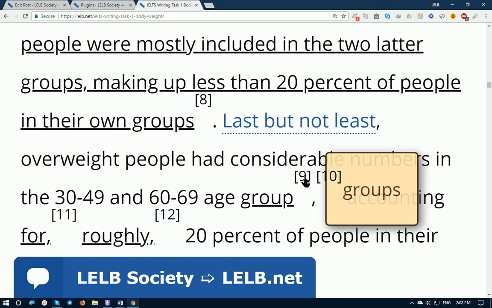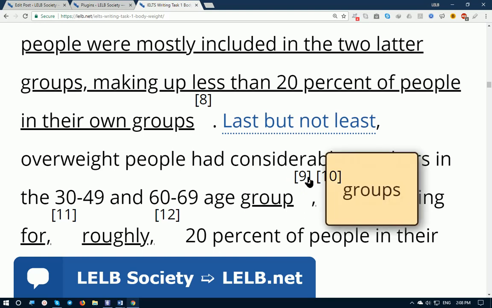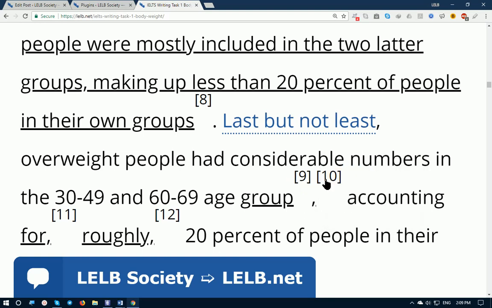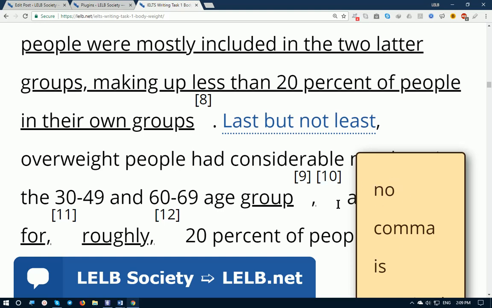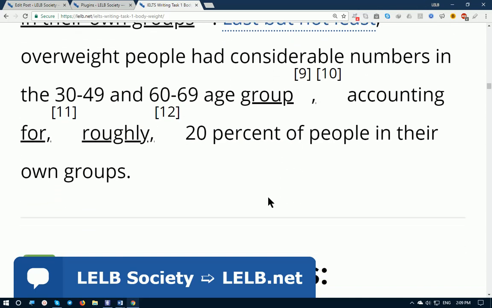Here no comma should be used, and after age groups no comma is required. Accounting for, no comma is required. Roughly, no comma is required. 20% of people in their own groups.